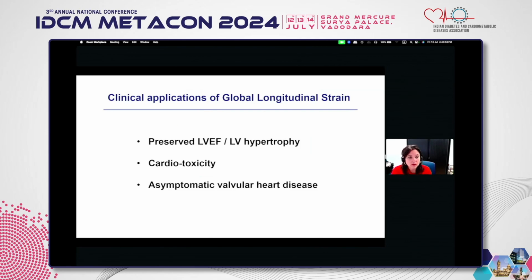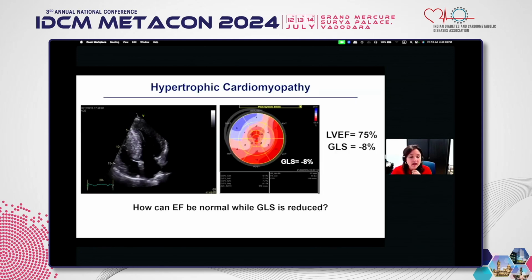One first case is left ventricular hypertrophy. I guess you see it very often in your clinics: you see important hypertrophy and a normal ejection fraction, but you can imagine that the myocardium is not working well. When we do the global longitudinal strain of the left ventricle, you can see that already in the bullseye, which should be all red, it instead gives you low values and even areas that go to pink or blue.